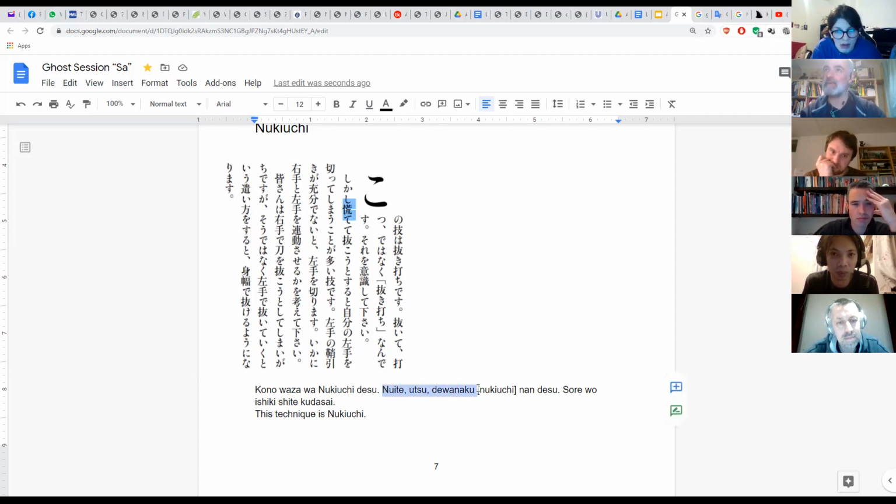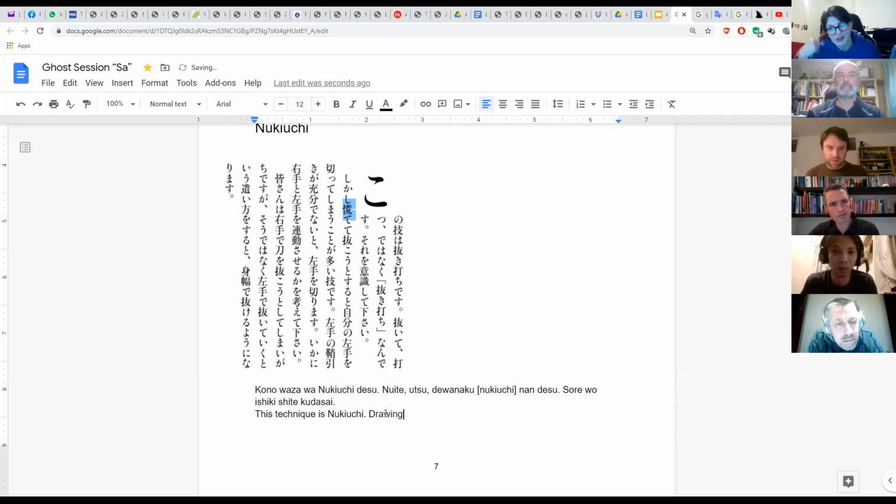Yeah, the meaning is almost right. This is actually one subclause here. Actually, nuite utsu de wa naku, comma. So it's not drawing and then hitting that is the nukiuchi. Yeah, so he means it's not drawing completely and then hitting.